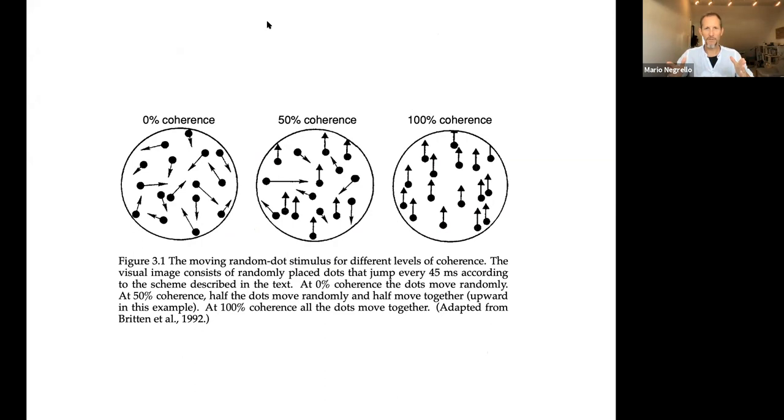Have you been exposed to this paradigm before? So we then select a subset of the dots to make them move in the same direction. In the first part of the experiment, all of the random dots are moving in random directions. In the second one, 50% of the dots are moving in the same direction.